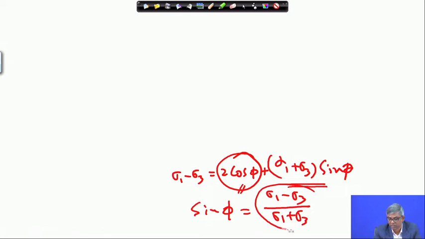So, when I use dash here, then all will be dash, that will be effective stress, and when I use u, then it will be sigma 1 total stress minus sigma 3 by sigma 1 plus sigma 3. So, when it is total stress, it will be this expression, when it is effective stress, then this is the expression.